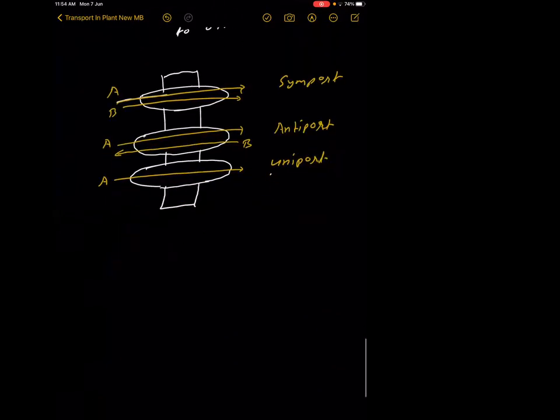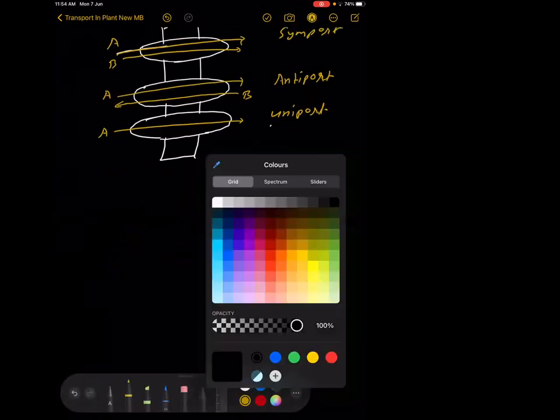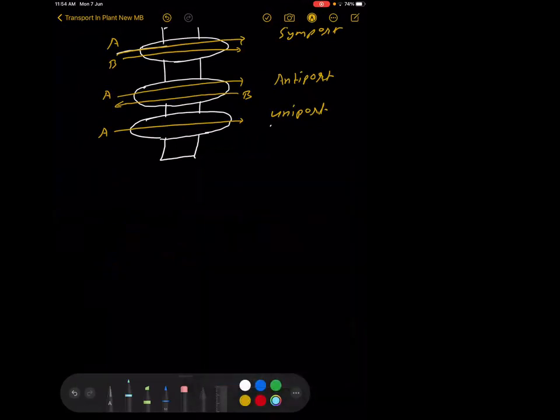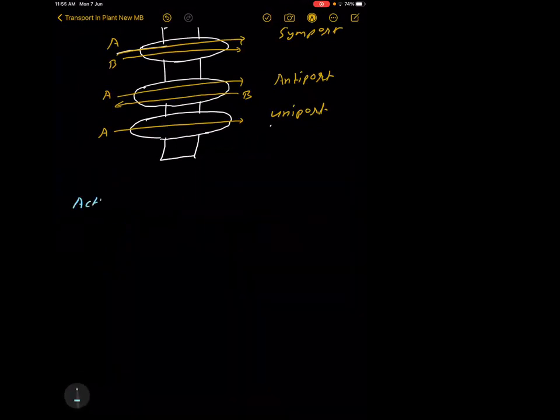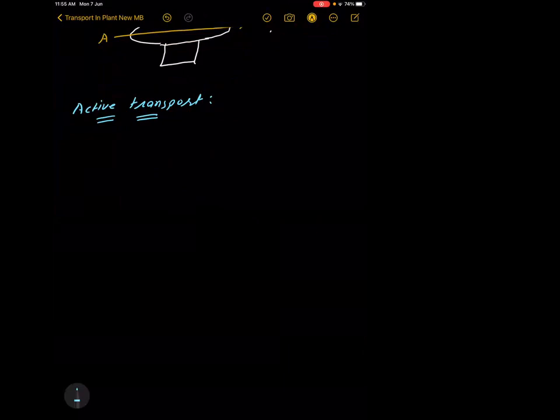Fine. Next is active transport. So what is active transport? This is the movement of molecules against a concentration gradient, from low concentration to high concentration.